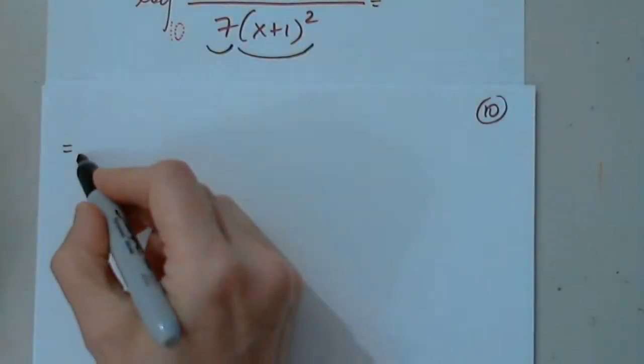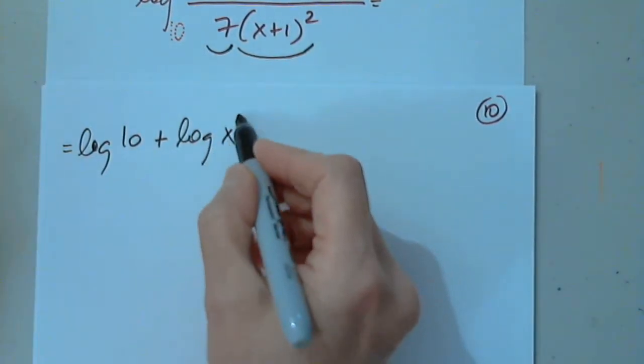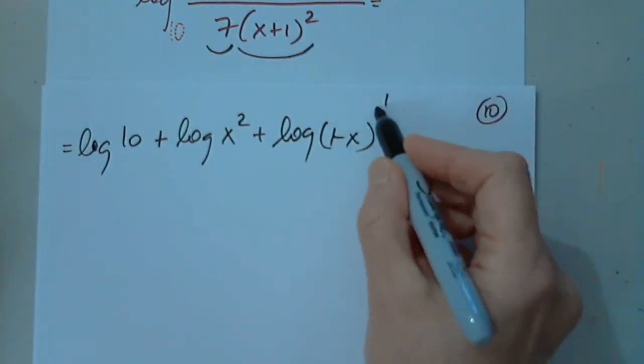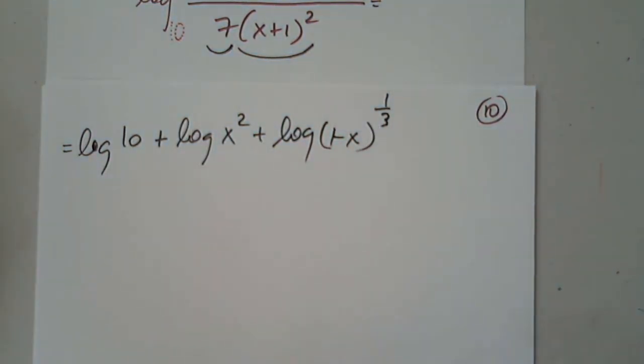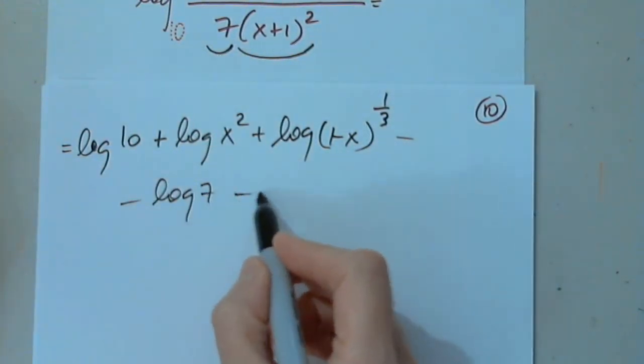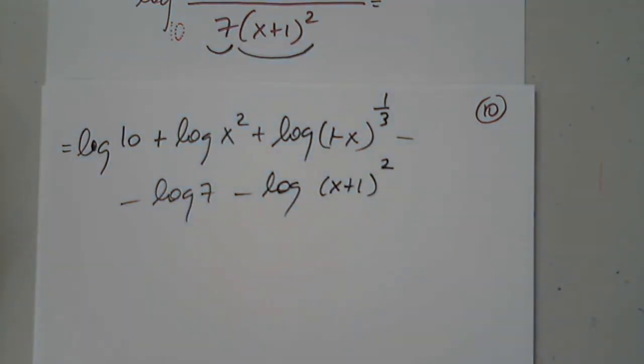So I have log of 10 plus log of x squared plus log of 1 minus x to 1/3. But now I'm here: minus log 7 minus log x plus 1 squared.